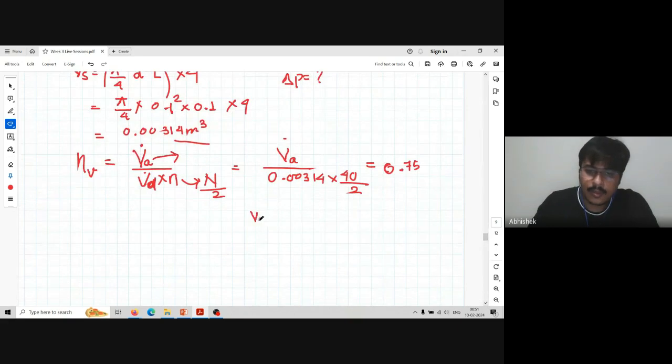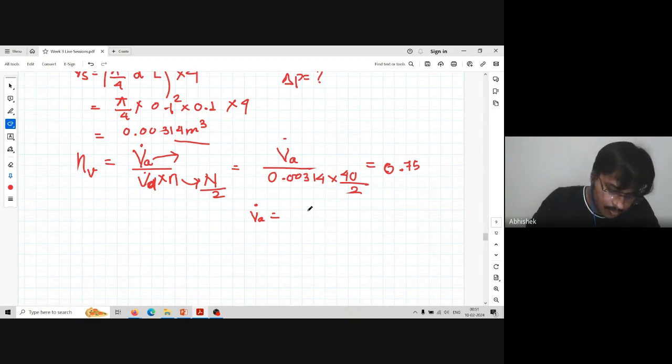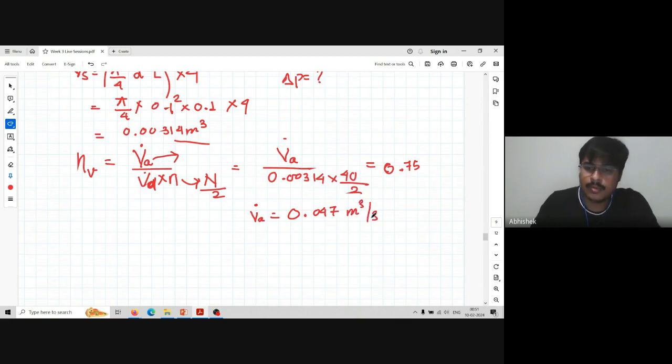So V dot A, this is the actual volume flow rate. Just calculate 0.00314 into 0.75 into 20. So you will get somewhere around 0.047 meter cube per second. Now, as you know the volume flow rate, calculate the mass flow rate.